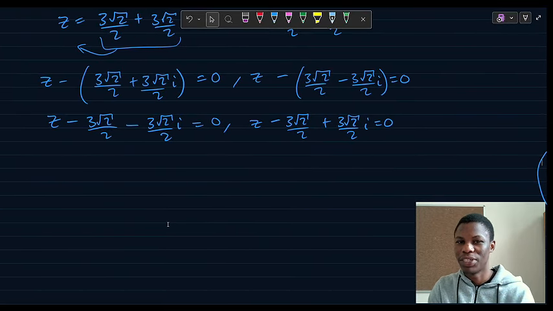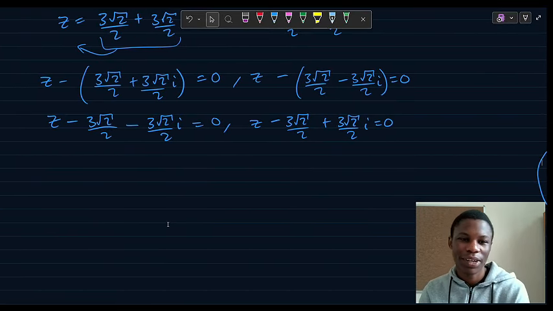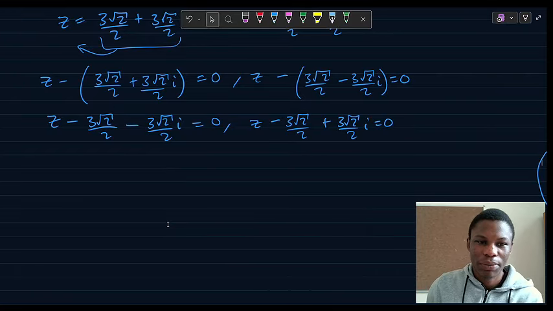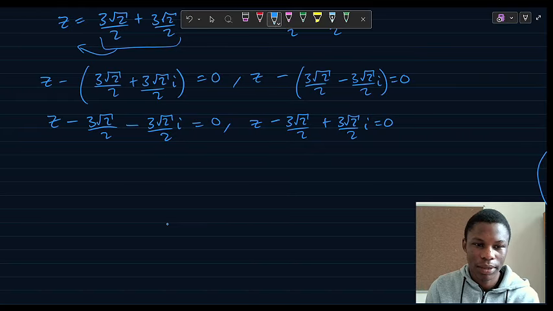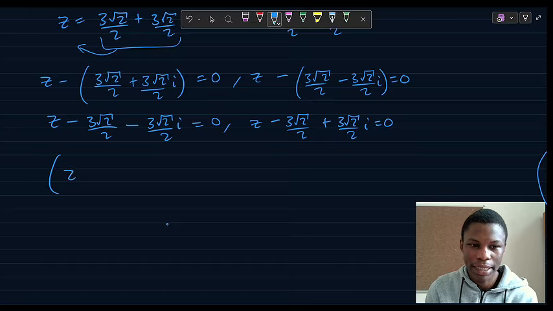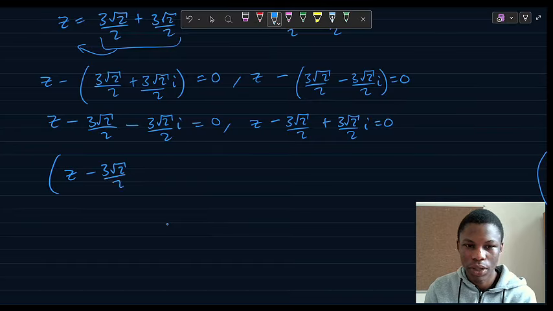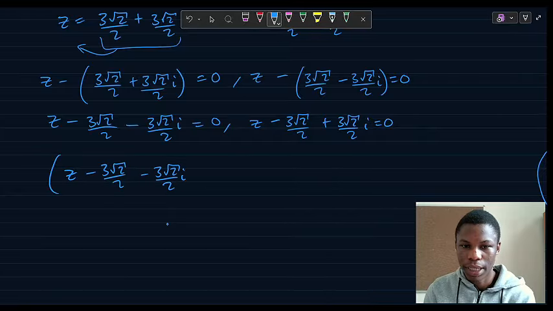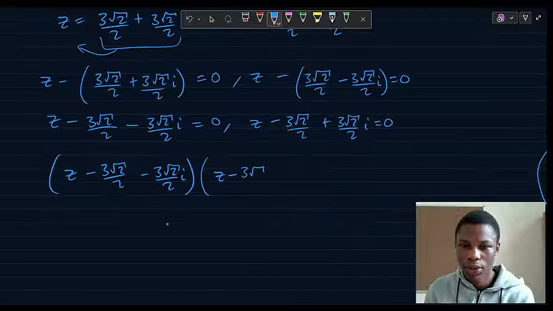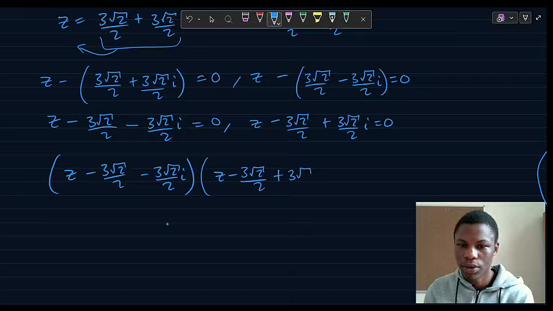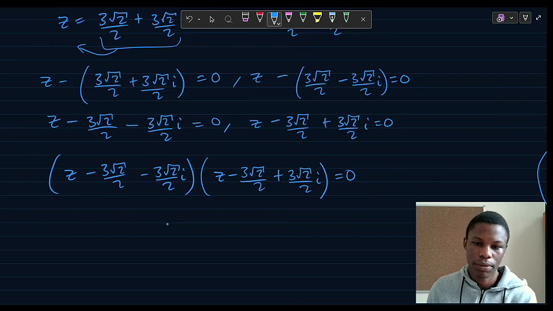It's just that our numbers are a lot bigger, so it looks quite messy. And so now we're going to say that this is z minus 3 root 2 over 2 minus 3 root 2 over 2i multiplied by z minus 3 root 2 over 2 plus 3 root 2 over 2i, and this is all equal to 0.